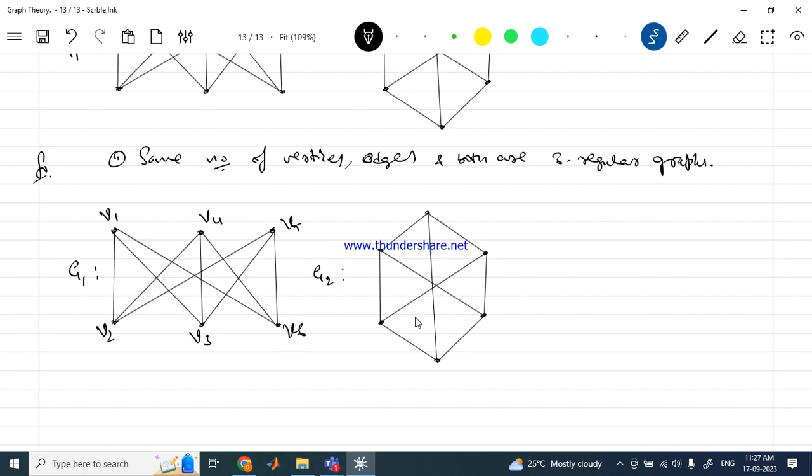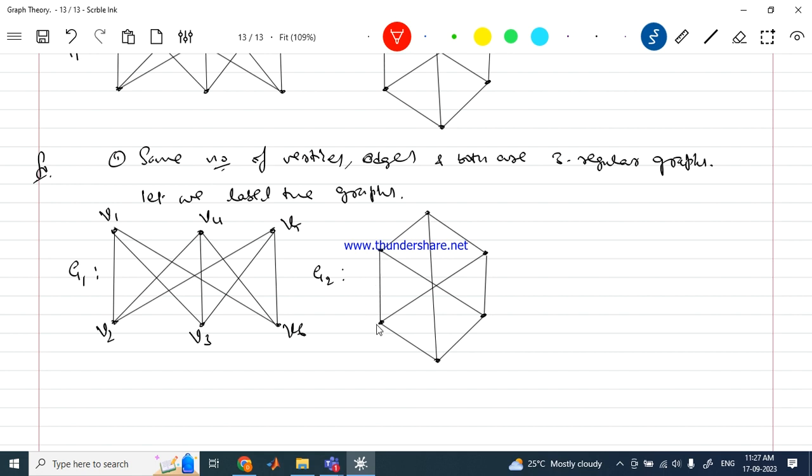Now I need to label this graph. As I mentioned already, when you are labeling the graph, you should take care of the vertex adjacency. Be careful with that. Since both are three-regular graphs, I can start from any vertex.